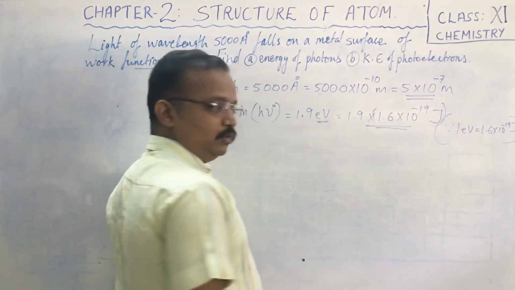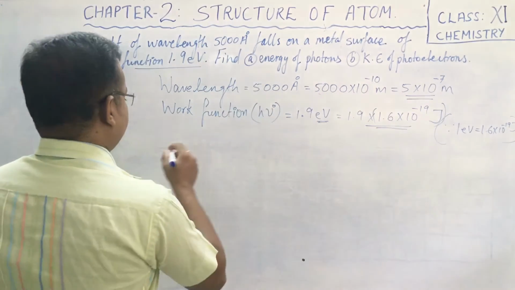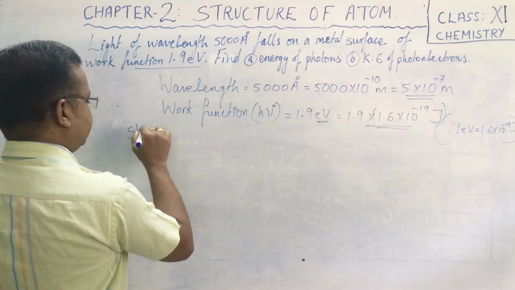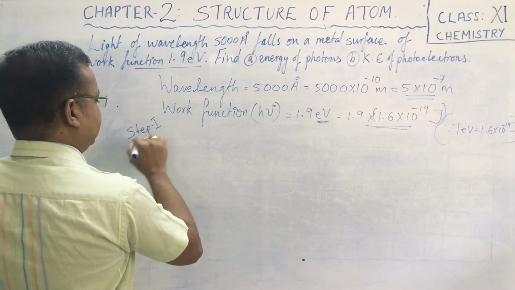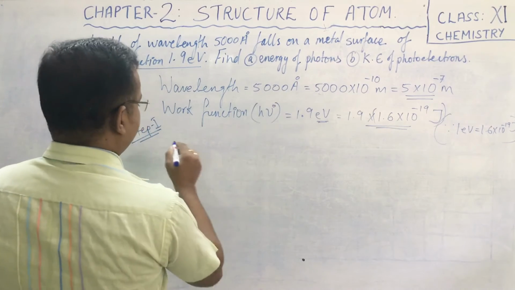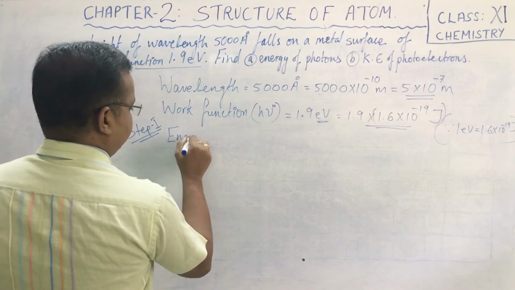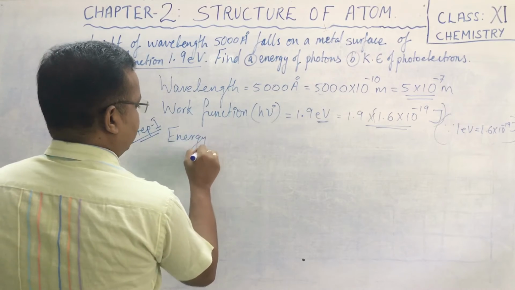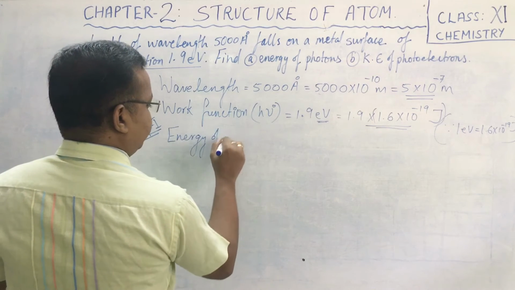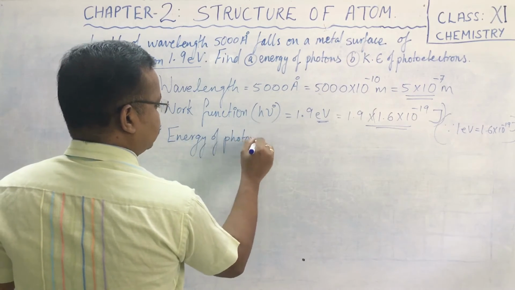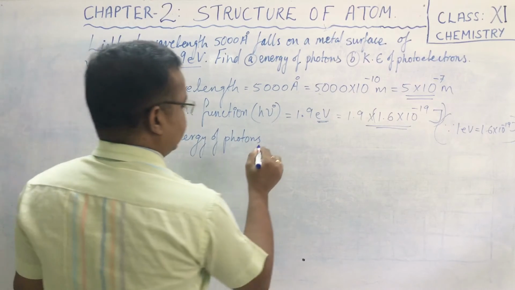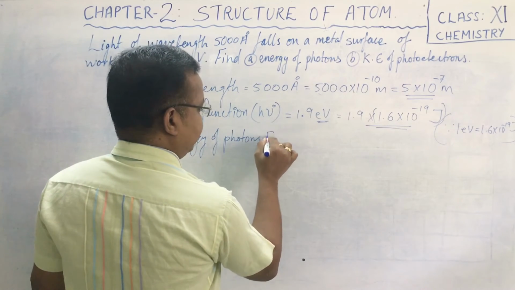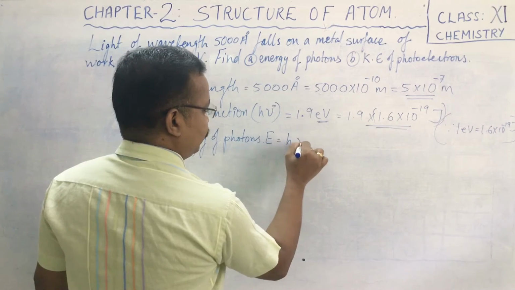So according to the question, step 1 is the energy of photons. We have to calculate the energy of photons. Energy of photon E is equal to h nu.